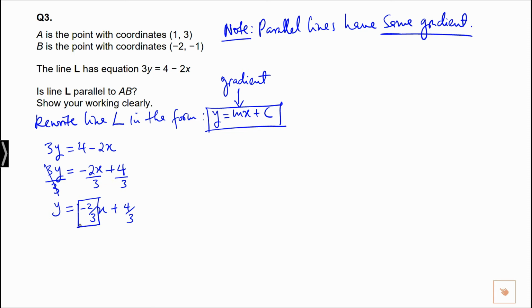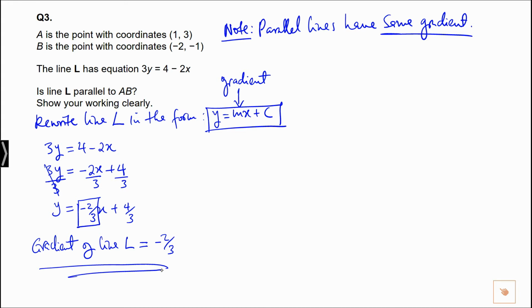And you can clearly see here that our gradient will be equal to negative 2 over 3. So you can say that the gradient of line L is equal to negative 2 over 3.